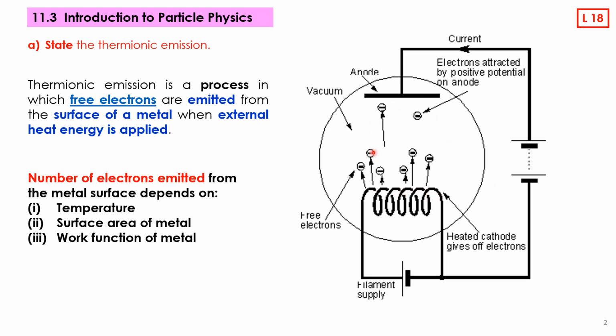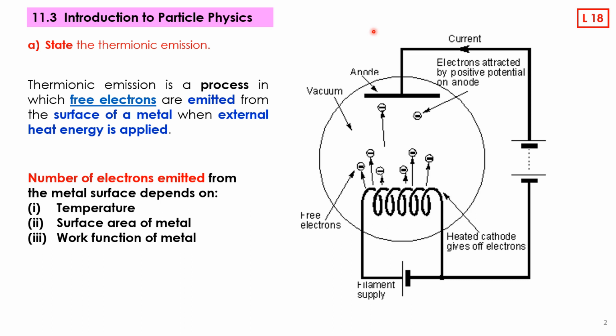Once they are in this region, they will be attracted to the anode, which is the positive plate. It is positively charged, so it is no accident that the electrons will be attracted to the positive plate. This thermionic emission process plays a major role in the operation of electronic devices.